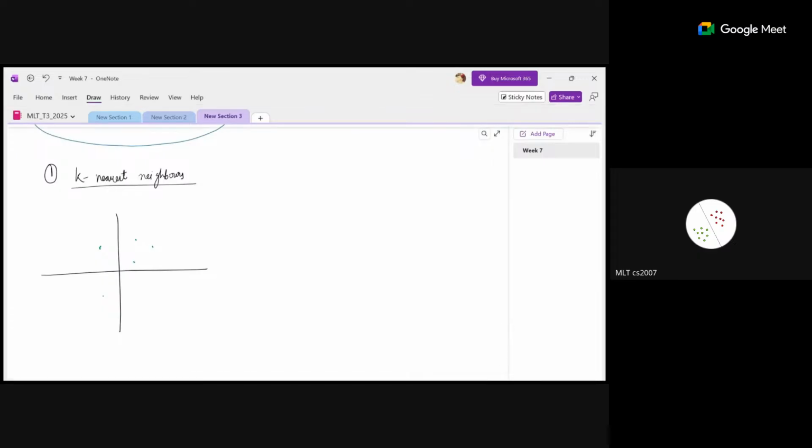These are my green points, let's call them the positive points. And then I have some red points. Okay, this is how my data set is.